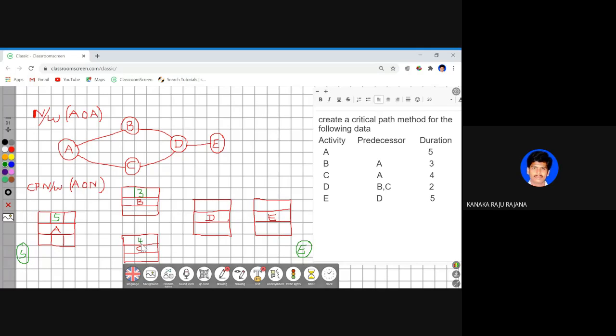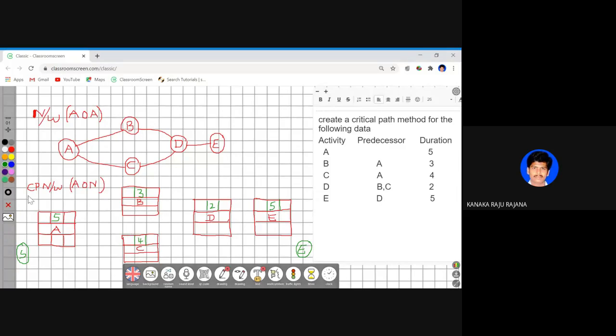In the given question, the durations are already there. Only thing is you need to place those durations across each activity. That's all. D duration is 2. Is this clear? The next question you need to solve by yourself. I'll give you the question and you need to answer it on your own. So that's the reason why you should listen to the class carefully.